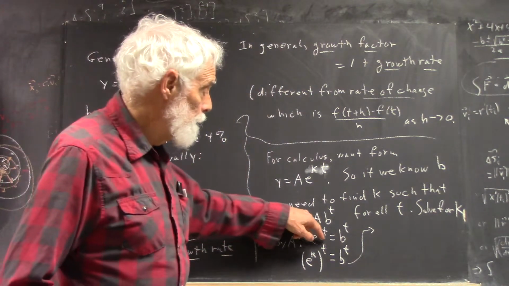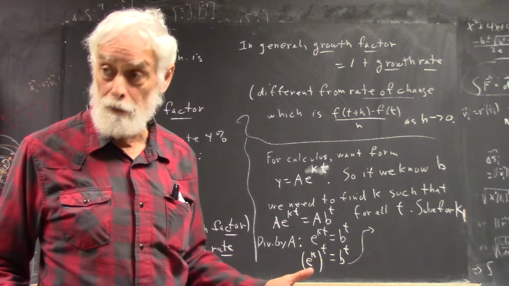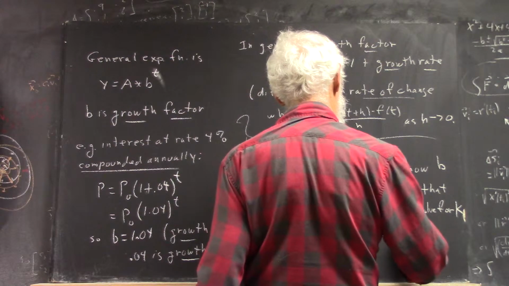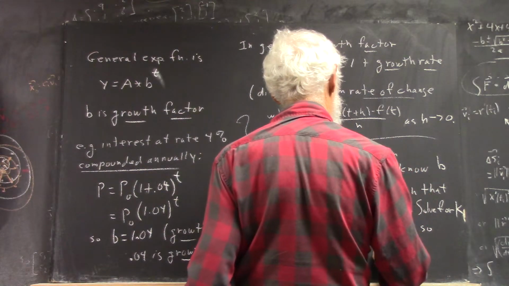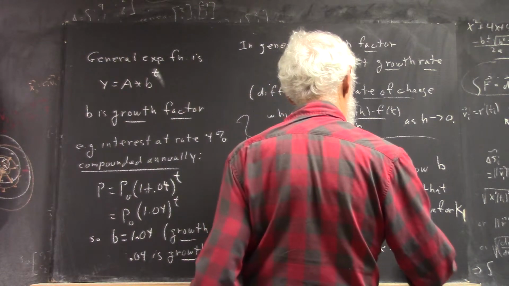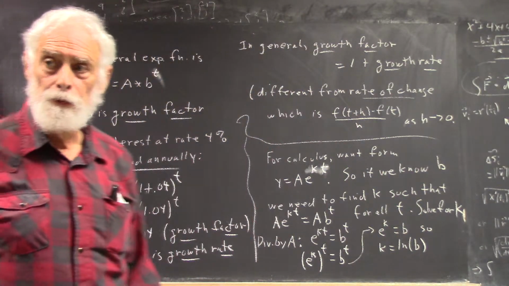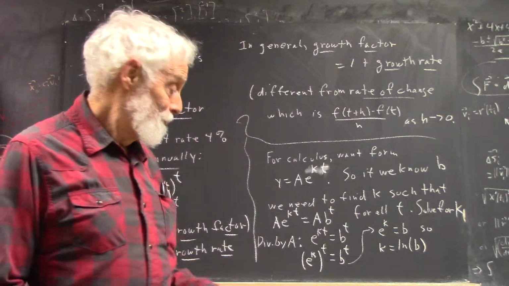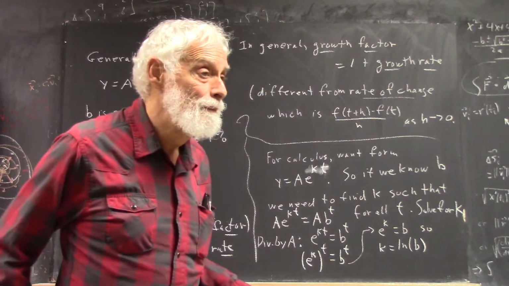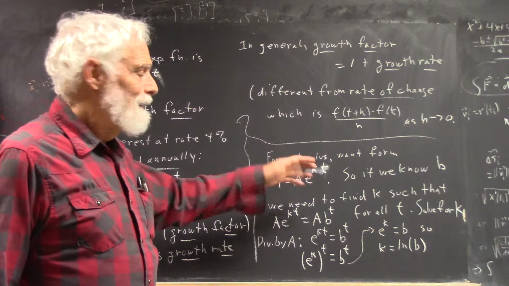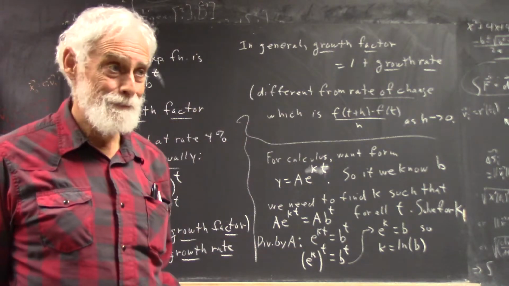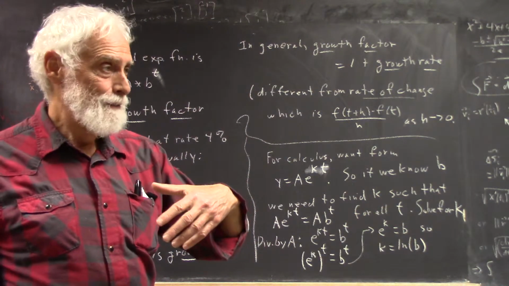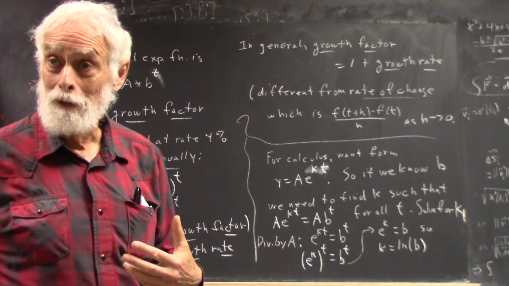Okay, well, if e to the k raised to the t equals b raised to the t, what can you say? e to the k equals b. And to solve e to the k equals b, natural log is the inverse function. So e to the x is your natural exponential function, and its inverse is the natural log function, right?